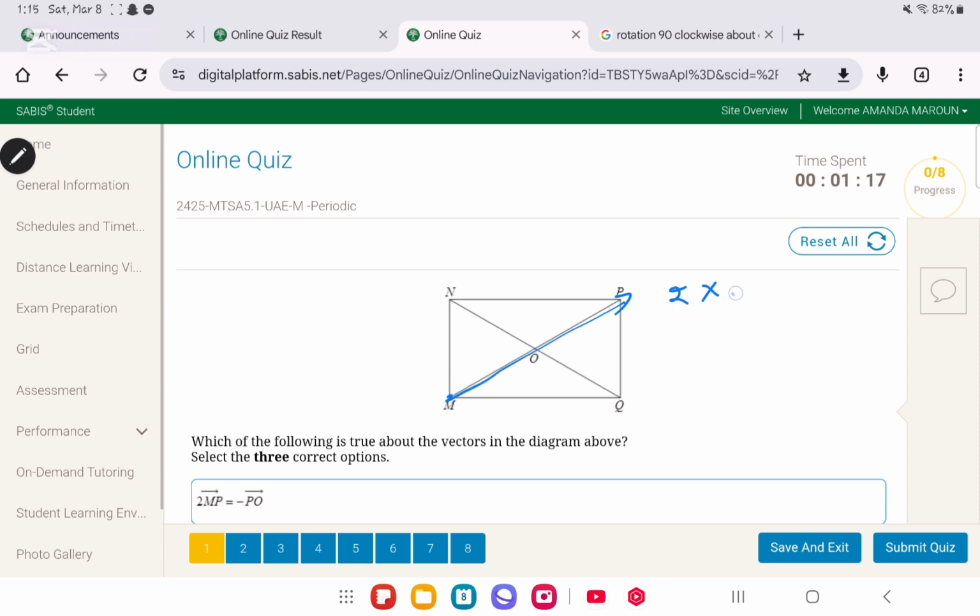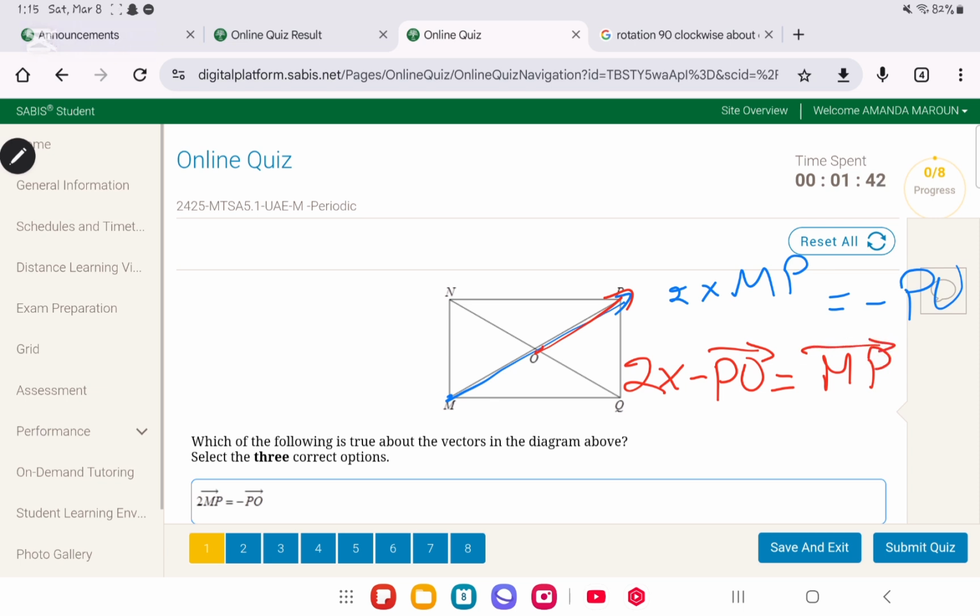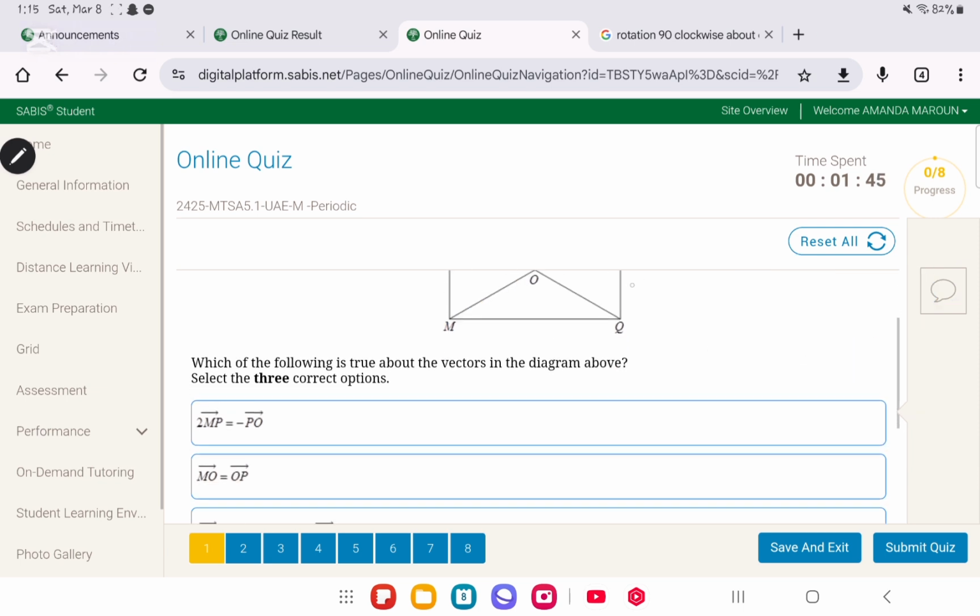So 2 times MP, is it equal to minus PO? Minus PO, first of all, PO is like this. So minus PO is going to be the opposite, which is OP. This is definitely incorrect. Instead, what you should do is put it the opposite, that 2 times minus PO is equal to MP. Very simply, this is what it means.